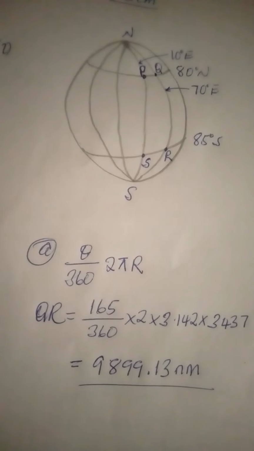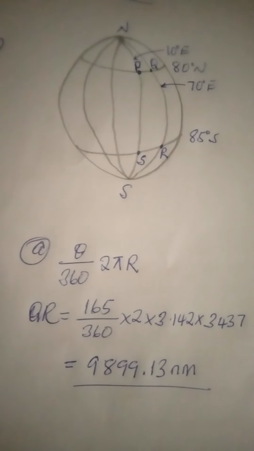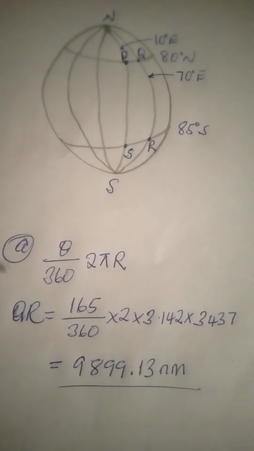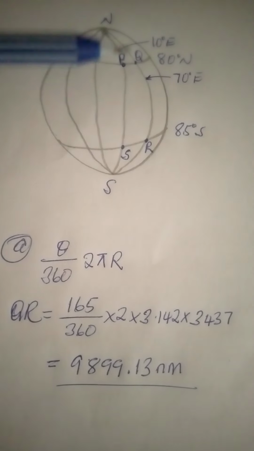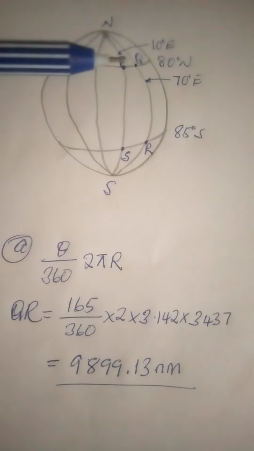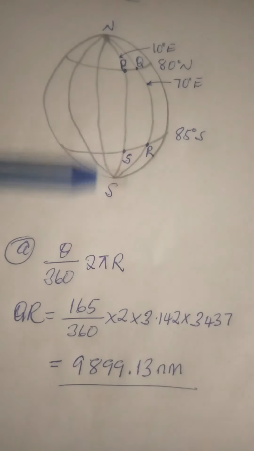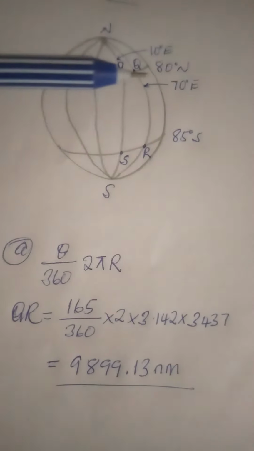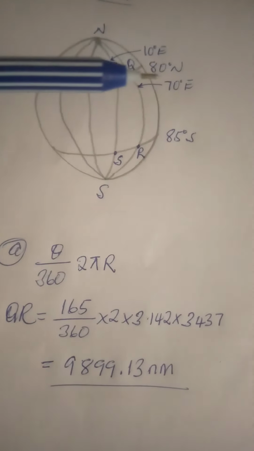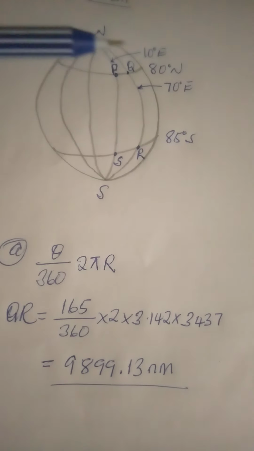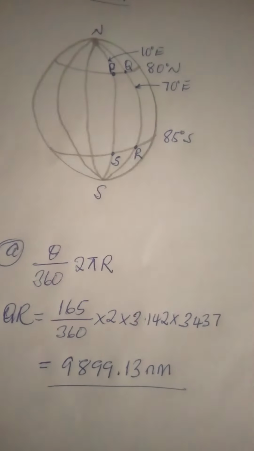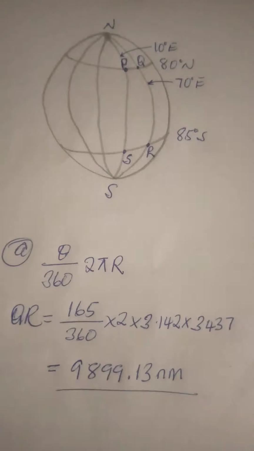All right, we're going to answer this question this way. Since we want to find QR, and we know these places are positioned on the same longitude, but one is on the north, 80 degrees north, and the other 85 degrees south, we're going to add 80 plus 85, and that's the sum we'll use in this formula here.